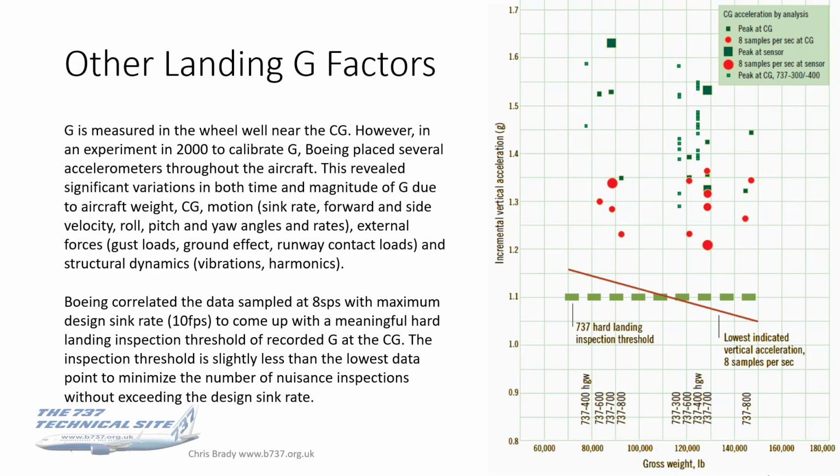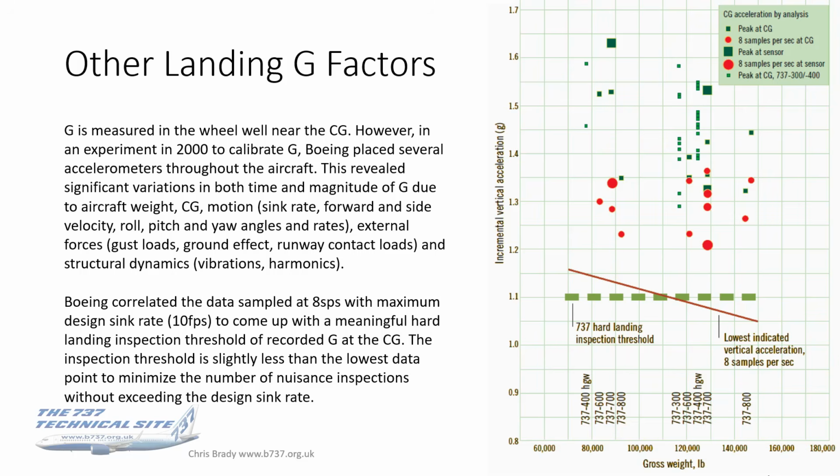Because again, I should say that Boeing don't have a hard landing G threshold. What they have is a hard landing sink rate, and the threshold for that is 10 feet per second. But anyway, they were trying to correlate what the accelerometer records in the wheel well with the sink rate, so that they could come up with a meaningful hard landing inspection threshold of recorded G at the CG.